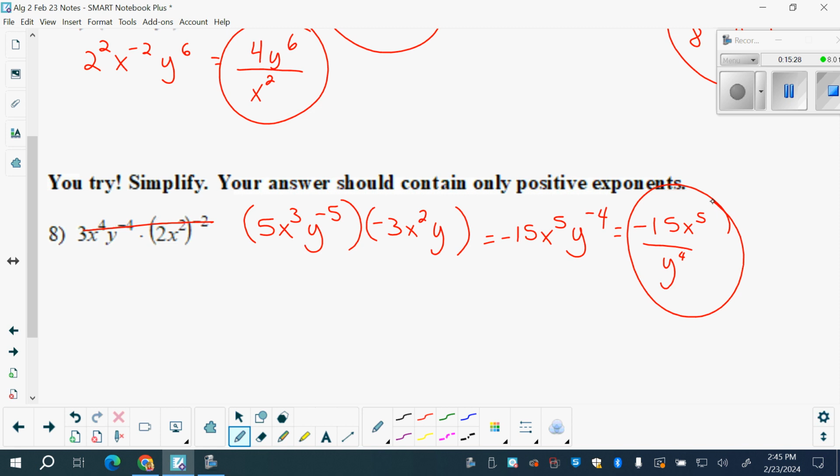Okay, so I'm going to make an adjustment on the last two.